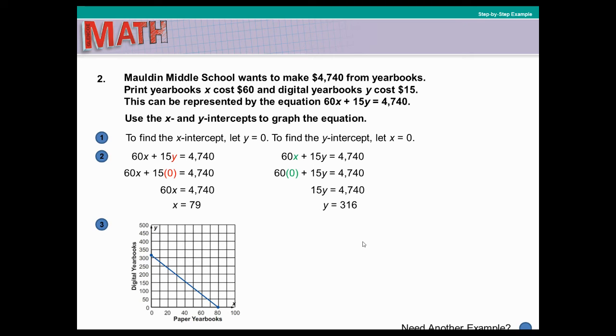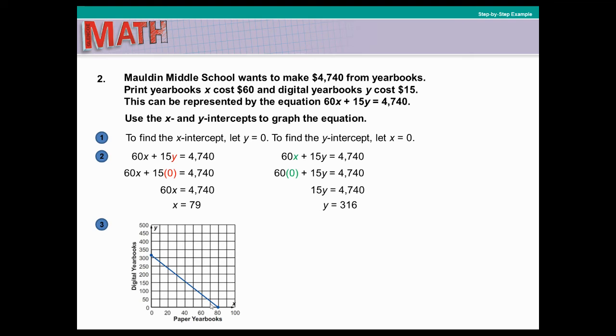and here's where I want them to try to help you understand. If x is 79 and they want to make 4,740, that means that 79 paper yearbooks need to be sold if you sell no digital. Conversely, if you sell 316 digital, but you sell 0 paper, then you would make your 4,740.